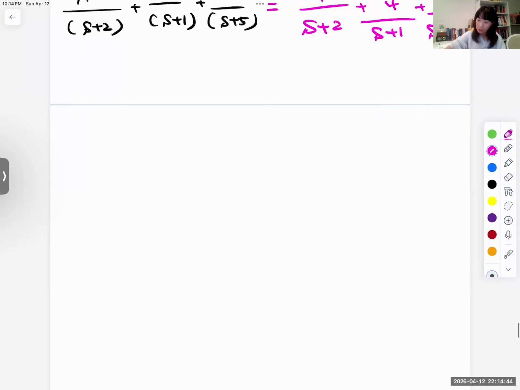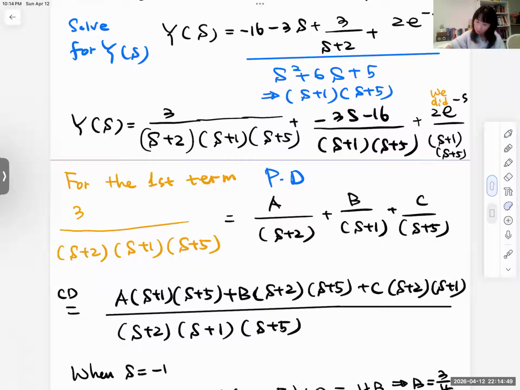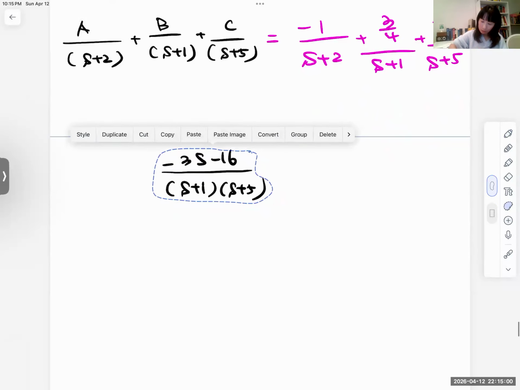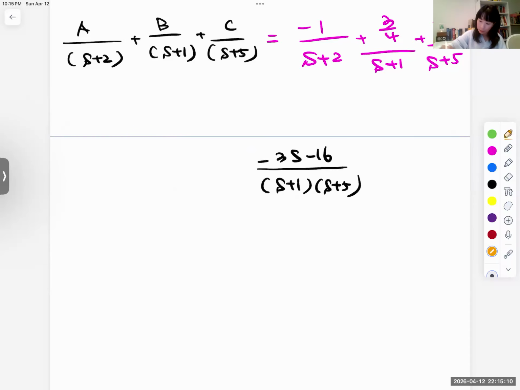Okay, now for the second term, partial decomposition, right?